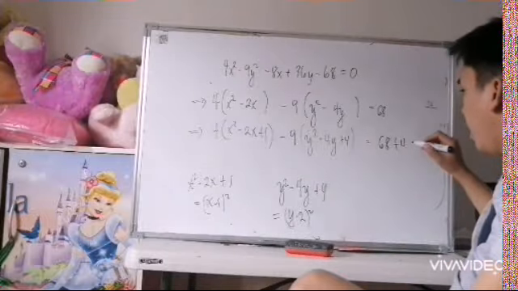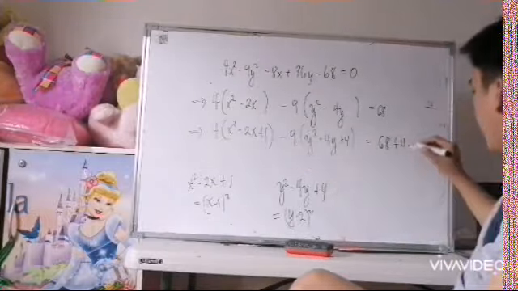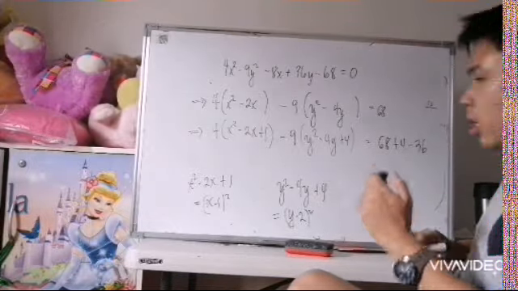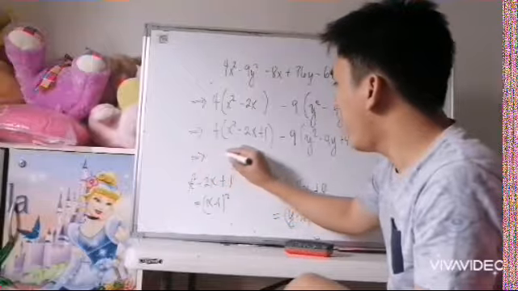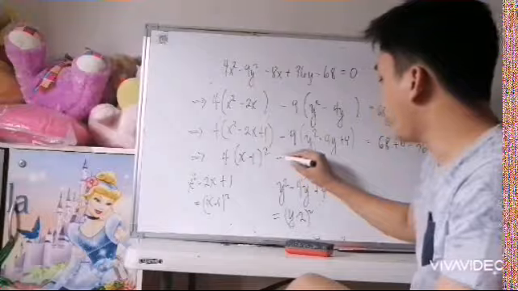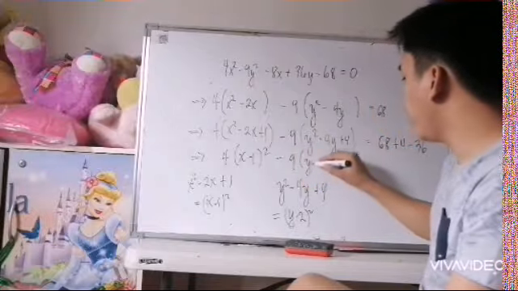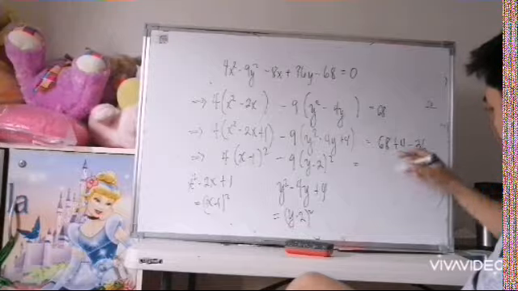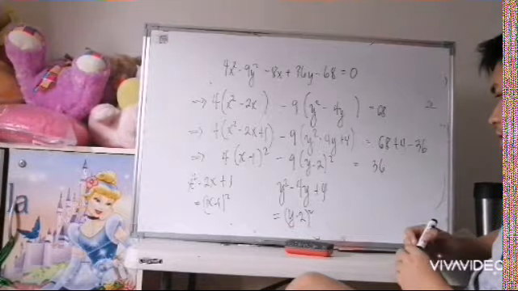But this is negative, so I'll add negative 36. Okay, so I'll have 4 times x minus 1 quantity squared minus 9 times y minus 2 quantity squared, equal to a total of 36.